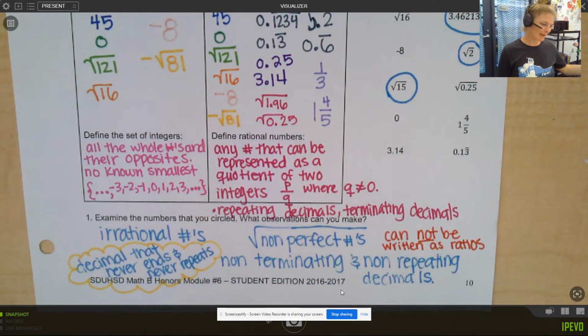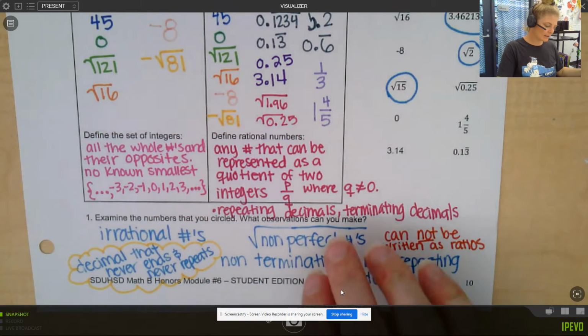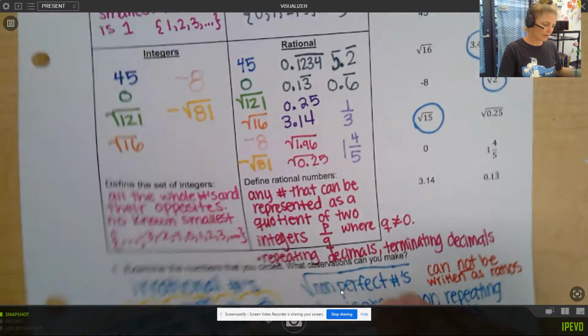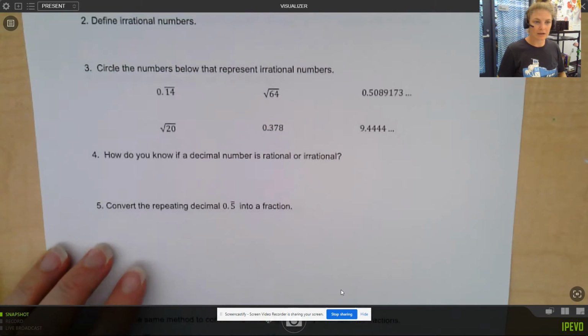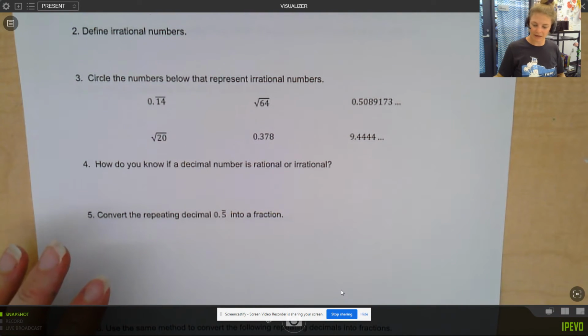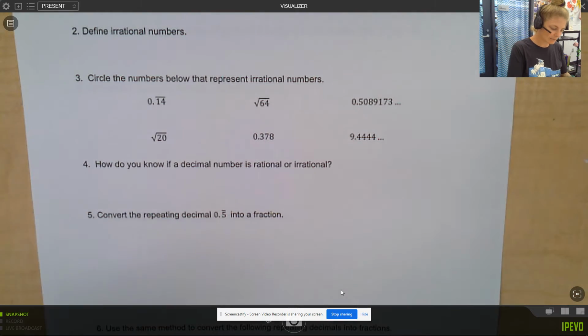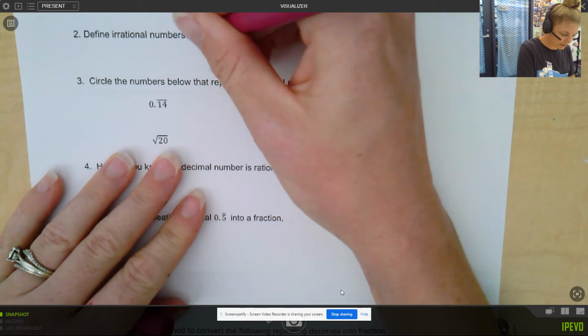Nice work, mini mathematicians. Okay, so what we're going to do is keep going, and to start off, let's define irrational numbers one more time, just to make sure we really know what it is.